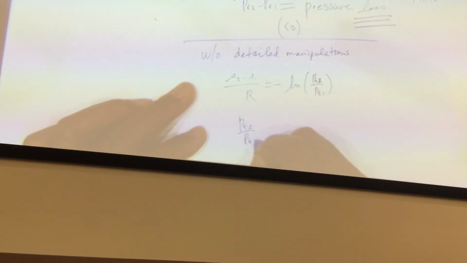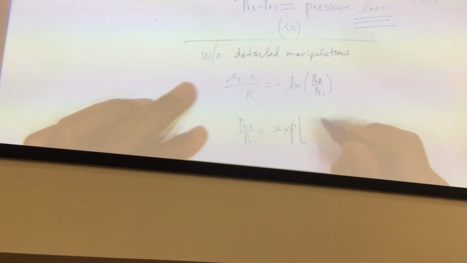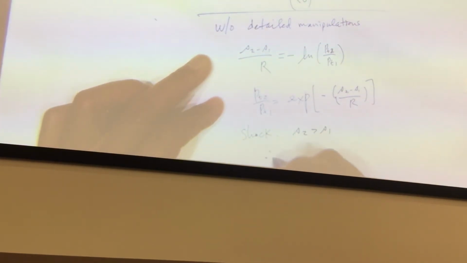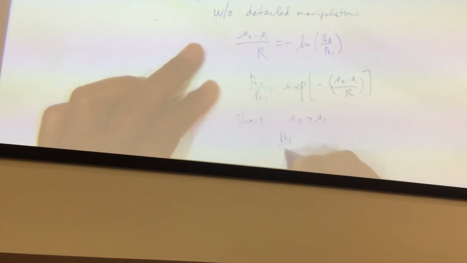So PT2 over PT1 is equal to the exponential function of minus S2 minus S1 over R. Since S2 is greater than S1, therefore PT2 over PT1 is less than 1.